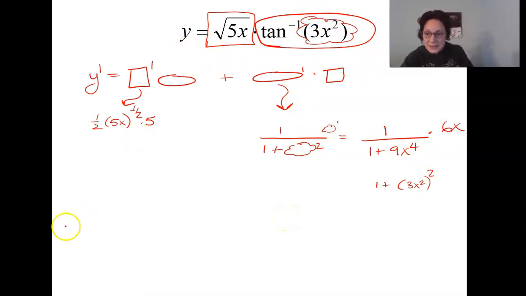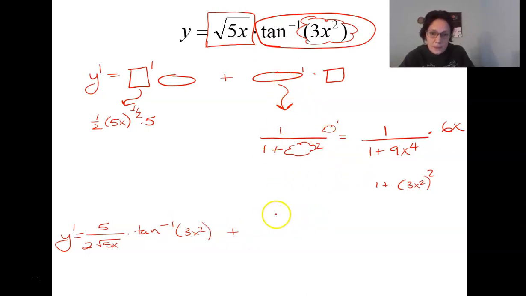So in this case, my derivative, it's a doozy. Let's see, I can write this as 5 over 2 square root of 5x times my inverse tangent, and then plus my inverse tangent derivative, which is 6x over 1 plus 9x to the 4th times my root 5x.